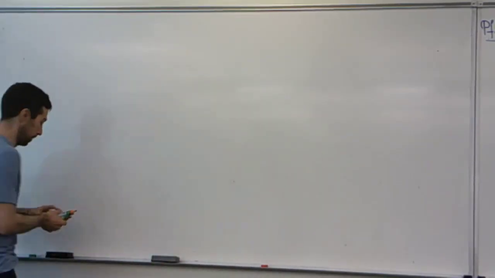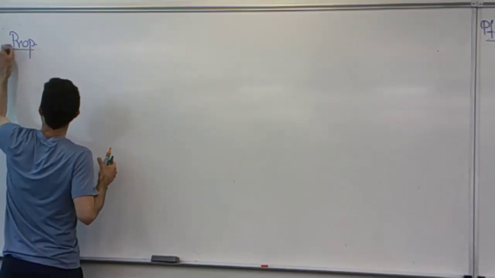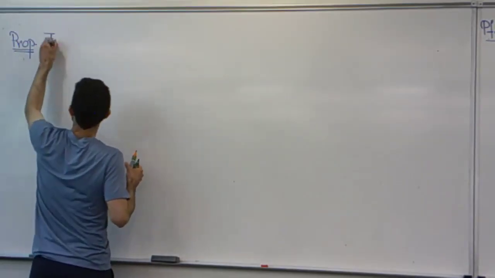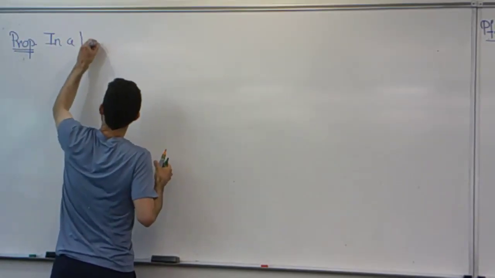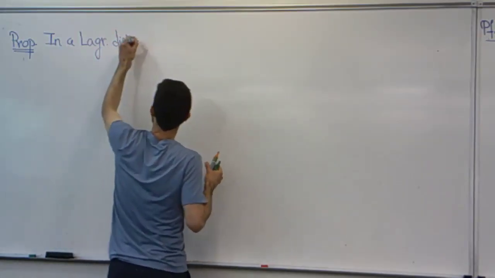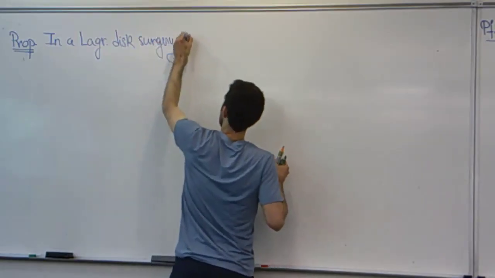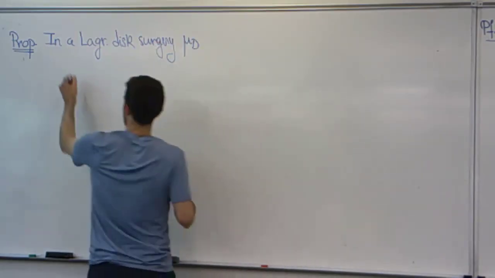So here's a nice lemma. Proposition: in a Lagrangian surgery, and this is a local model, you can draw this.